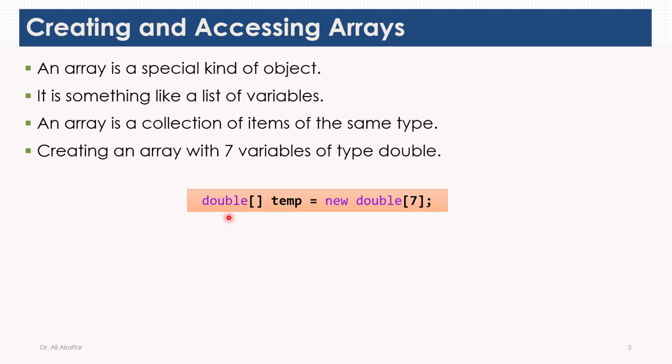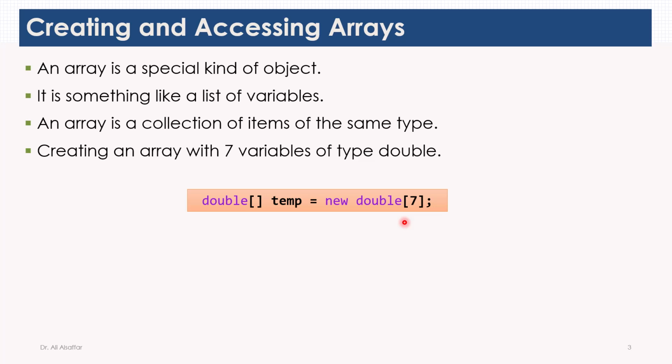Instead of typing just double, follow double by opening and closing empty square brackets. Then write the name of the array, followed by equal, followed by the command new, followed by the keyword double, and between square brackets, the size, which is how many variables you want to define.